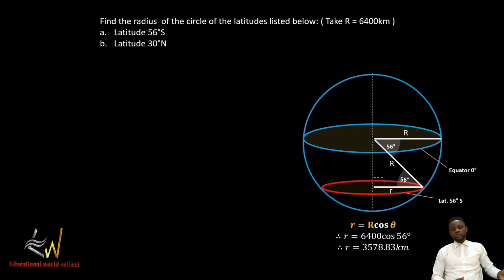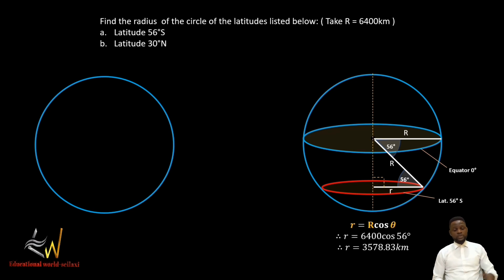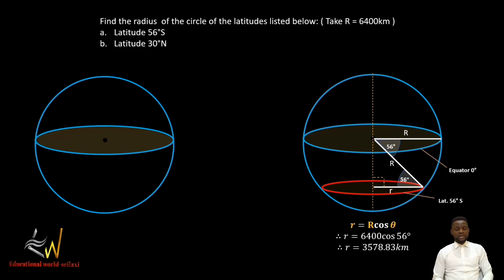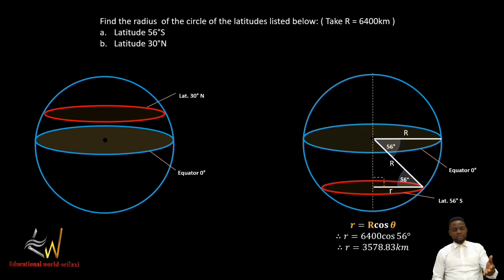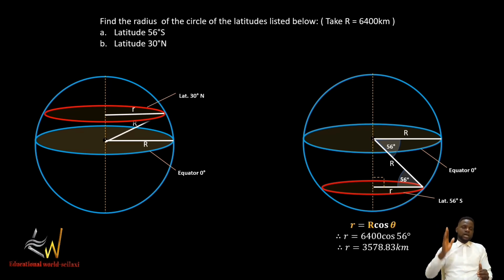The same thing goes for the second question, when we have latitude 30 degrees north. You can even go ahead and solve it before me. So we have the equator, that's the equator, and that is latitude 30 degrees north. Equator is 0 degrees. Latitude 30 degrees north is 30 degrees from the center of the earth upwards, an angle of elevation.